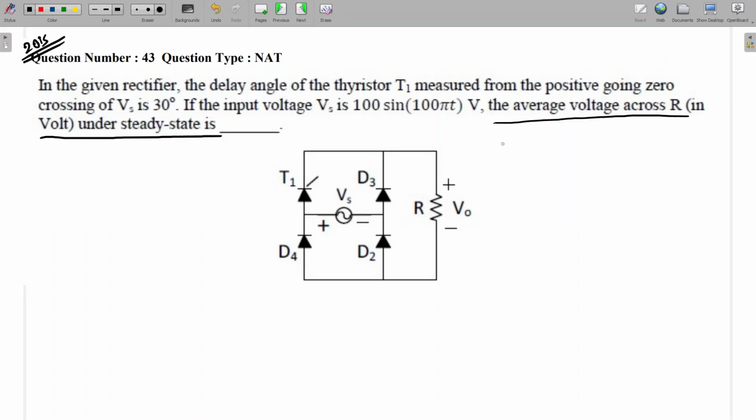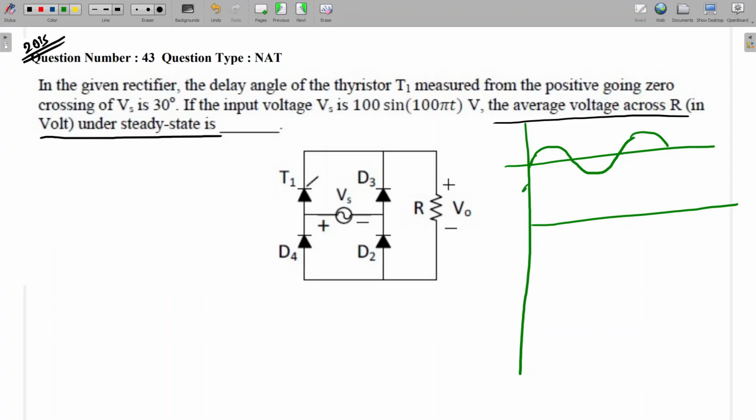So I am going to draw the voltages. First we can draw the input voltage. So the source voltage is a sine wave. And here I am going to draw the output voltage V0. So at alpha we are triggering this, alpha is equal to 30 we are triggering. So after 30 this will be the voltage.